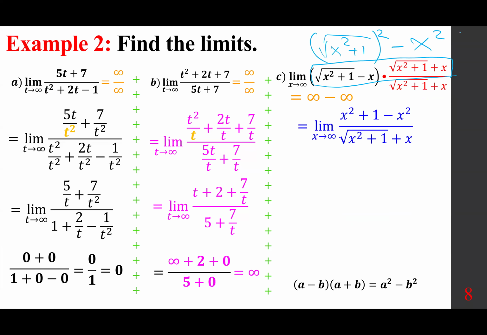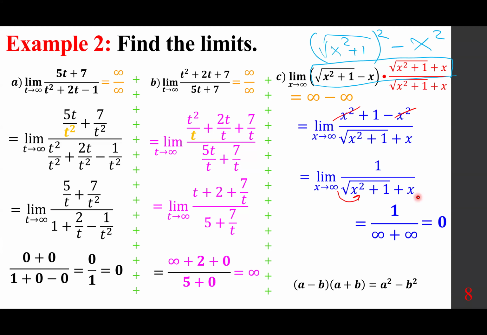So the first piece comes out. These two cancel each other. And now, if you plug in everybody, this becomes infinity, this becomes infinity, and the answer is 0. So you're justifying your answer with details.